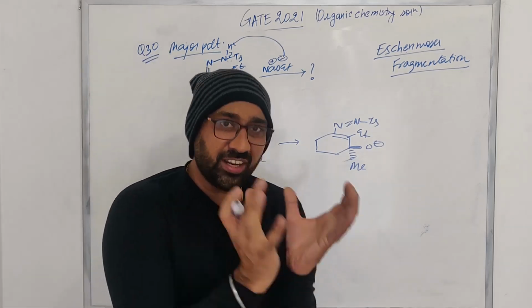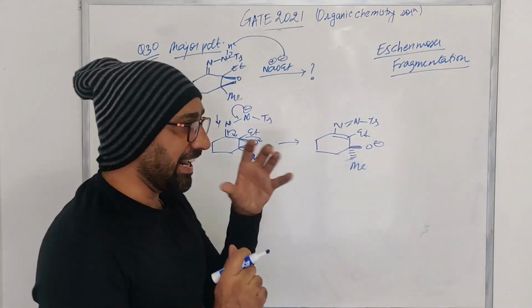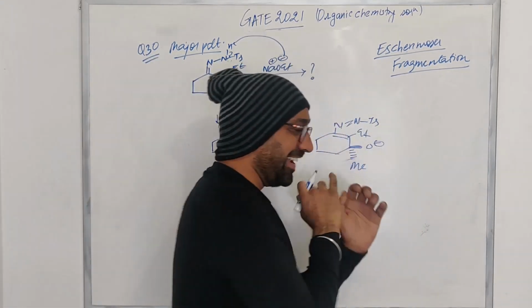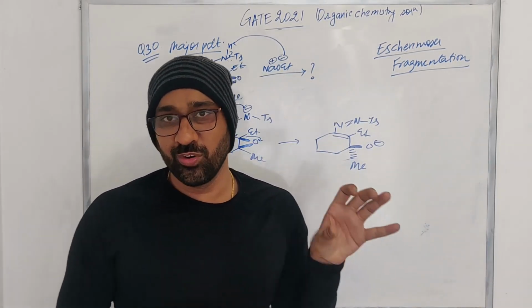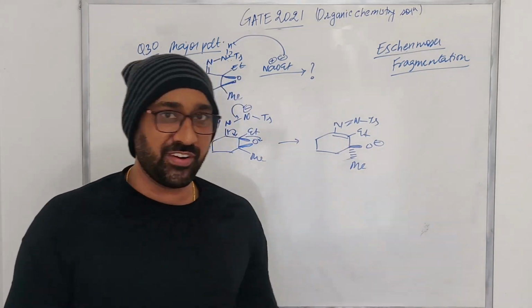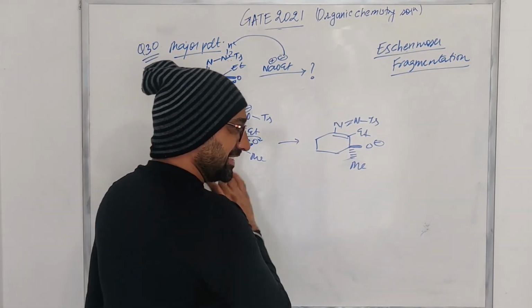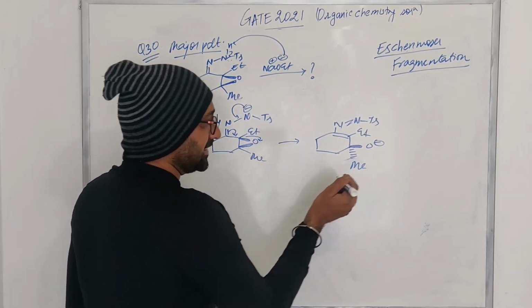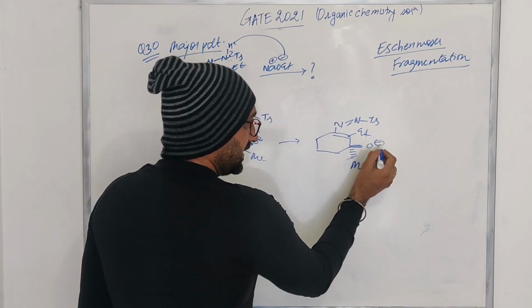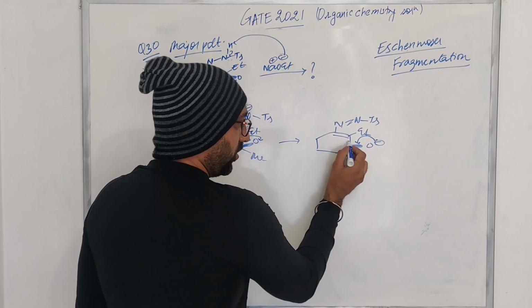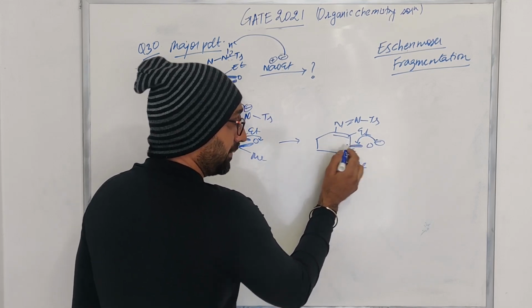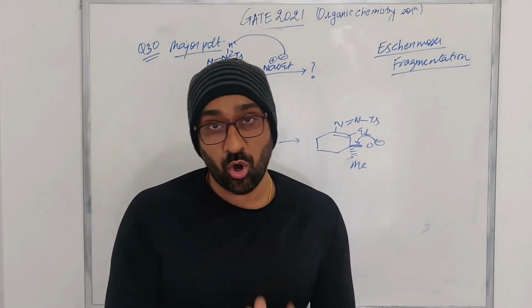Now we can clearly see something here: we have a nitrogen double bond. Can we create a situation in which nitrogen gas is released? Again, I cannot emphasize enough: whenever a neutral molecule is released out of the reaction, it drives the reaction in the forward direction. So this is something very similar that is happening here. What happens? This lone pair of the negative charge on oxygen comes back here. And this carbon-carbon bond, which is usually a strong bond, breaks.